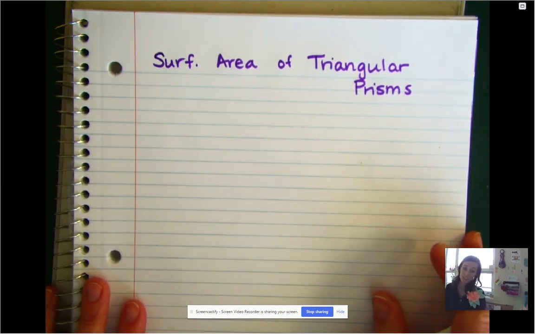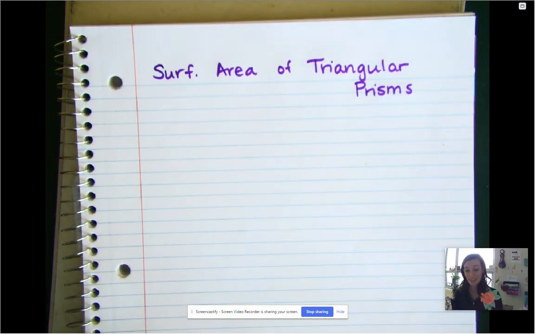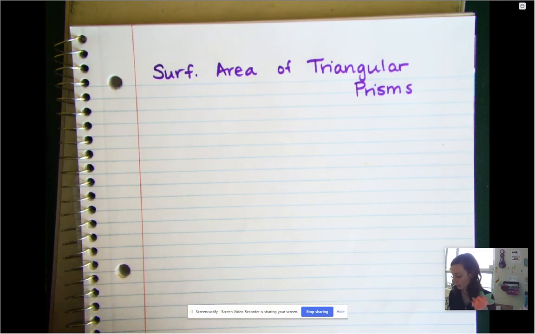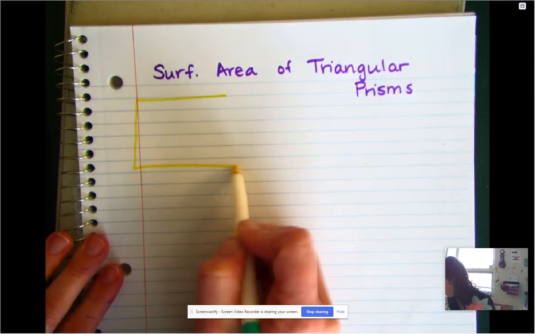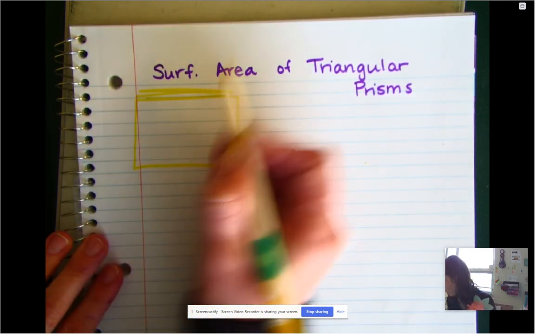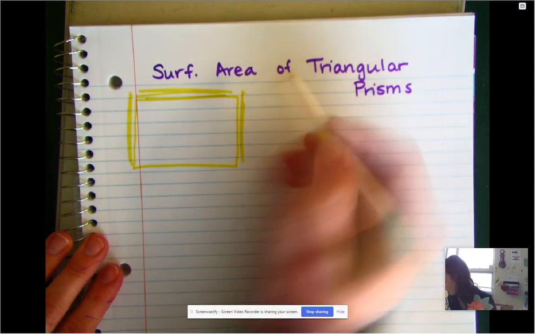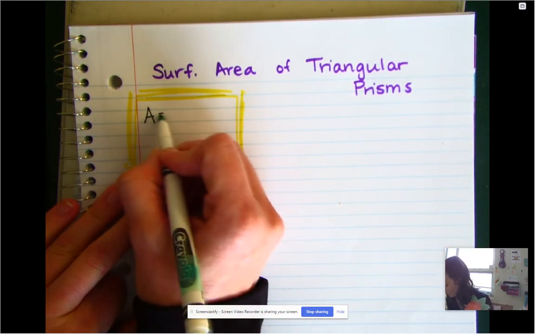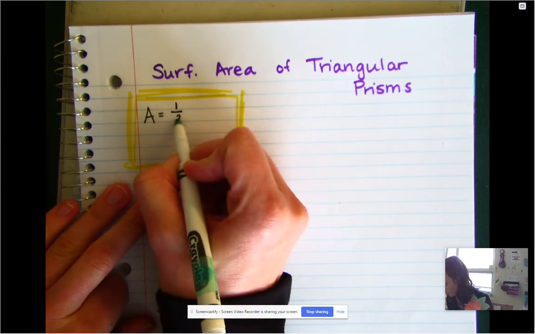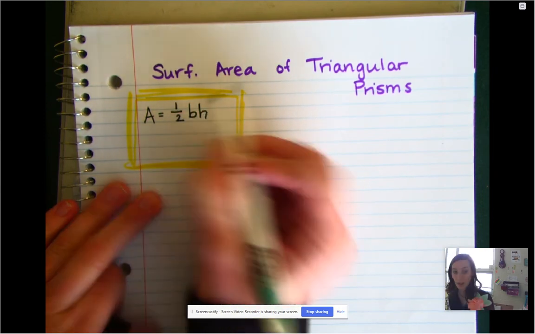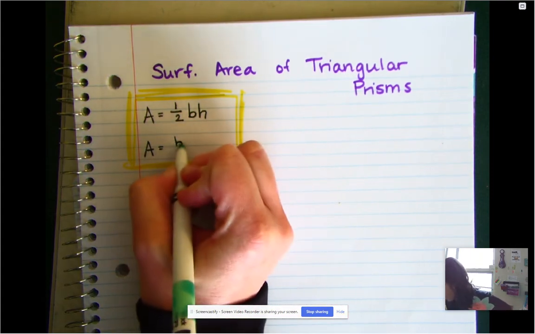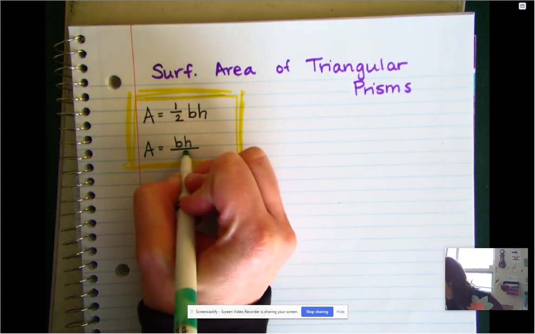These are very similar. You will have to deal with triangles, so you need to remember this box. The area of a triangle is calculated by doing either 1/2 times the base times the height, or some people like to think of it as base times height divided by 2.